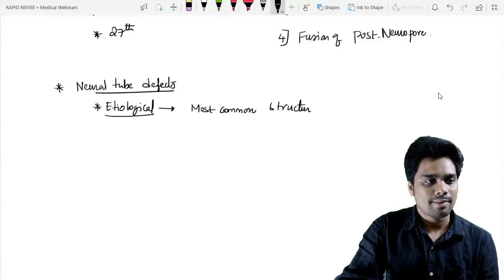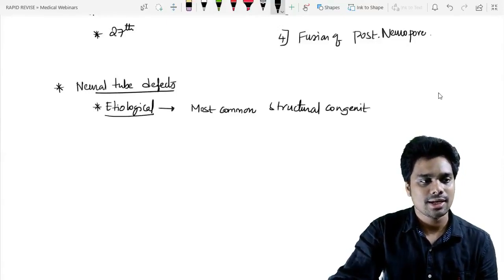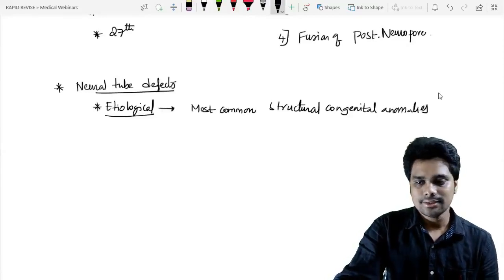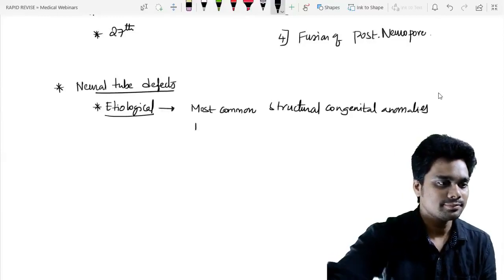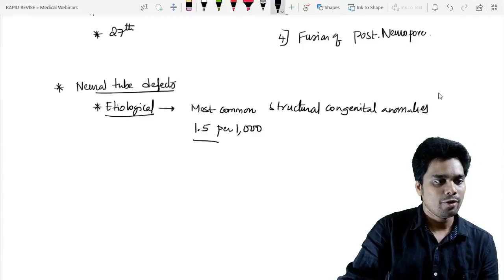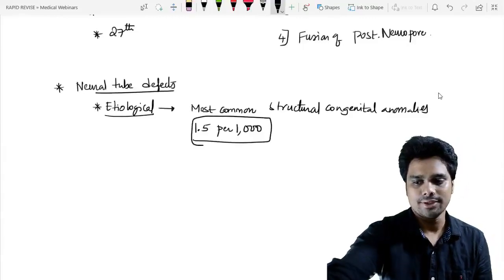Neural tube defects are the most common structural congenital anomalies in children. The incidence is 1.5 per 1000 children.